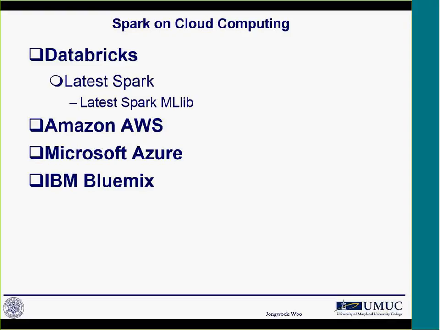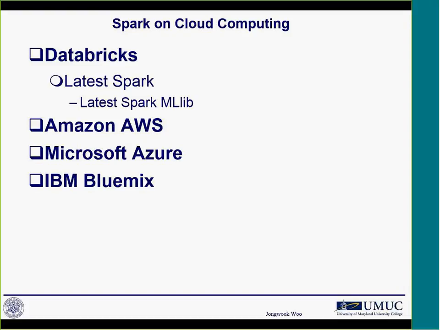So let's take a look at how Spark is running on cloud computing. As you know, Databricks is the company that has a number of members from Berkeley AMPLab. So Databricks always leads Spark development, and they have the latest Spark machine learning library. The latest Spark is 1.6.1, I guess.